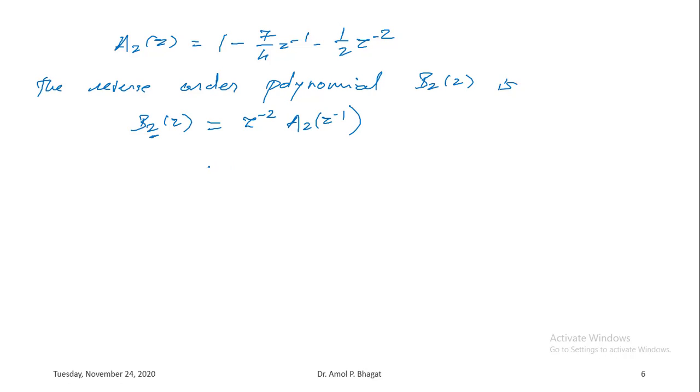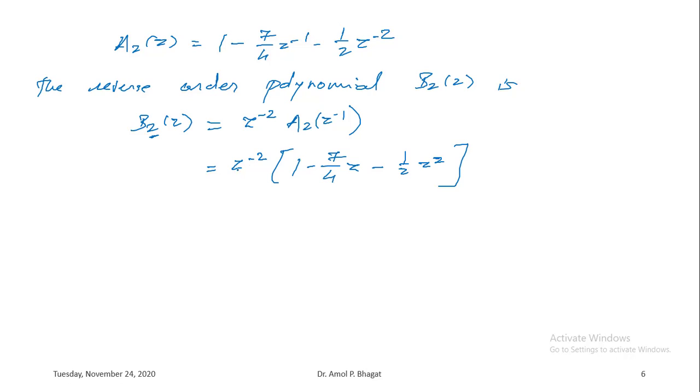If I'm writing a2 of z inverse, wherever there is z, that will be replaced with z inverse, right? So simply it will be z to the power minus 2 multiplied by 1 minus 7 by 4 z minus 1 by 2 z square, right?